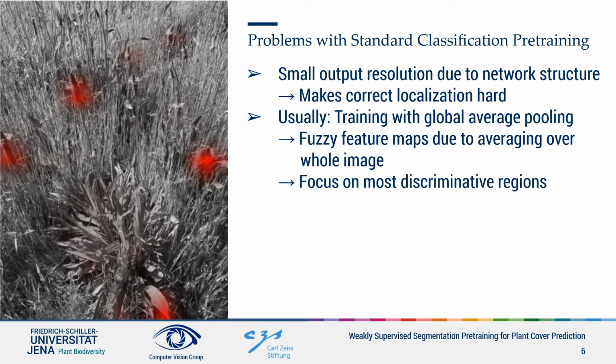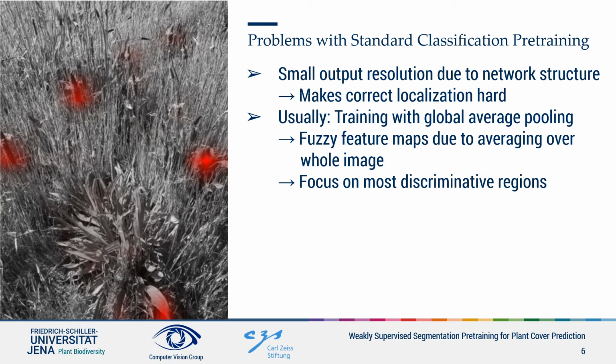We can counter this by using a feature pyramid network in conjunction with the ResNet50. However, there's also another caveat caused by global average pooling during classification training. Training using global average pooling usually generates rather fuzzy feature maps due to the averaging over the whole image.